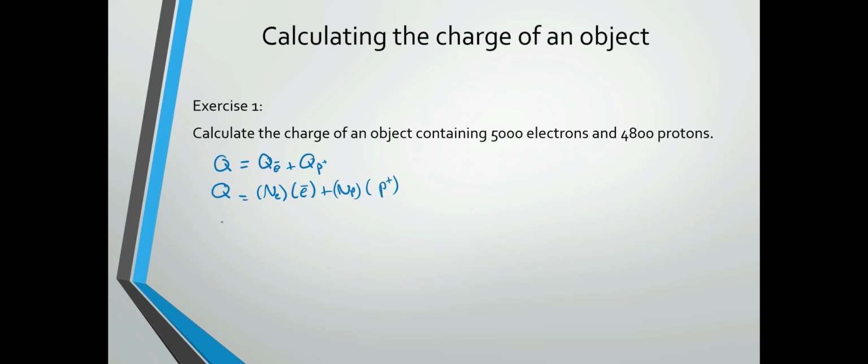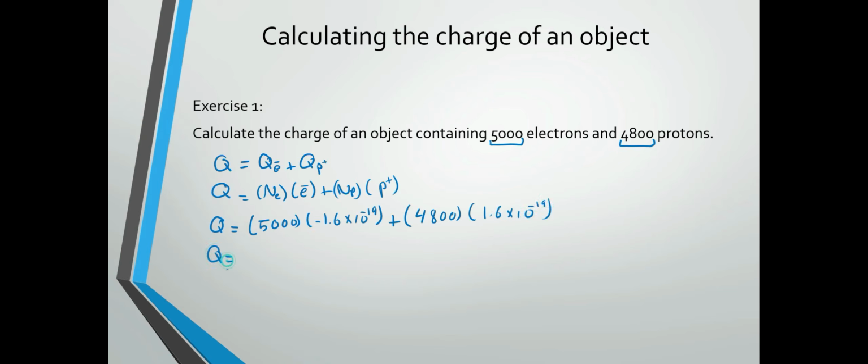Let's replace. We have 5,000 electrons, so it will be 5,000 multiplied by negative 1.6 times 10 to the power of negative 19, plus, for protons we have 4,800 multiplied by 1.6 times 10 to the power of negative 19.